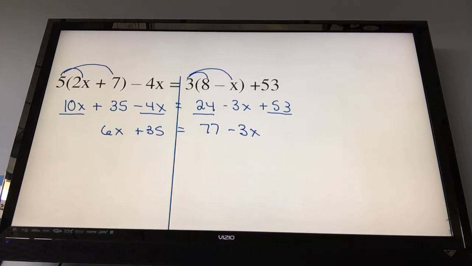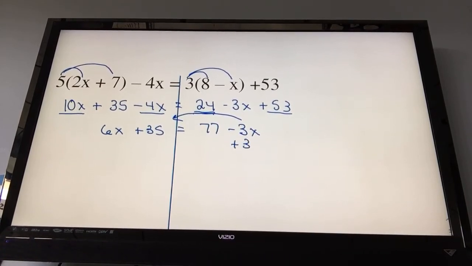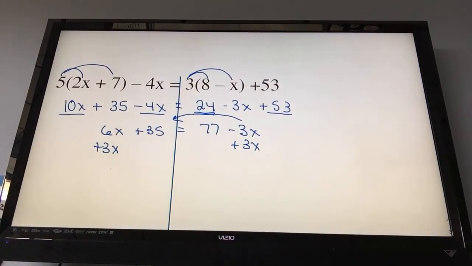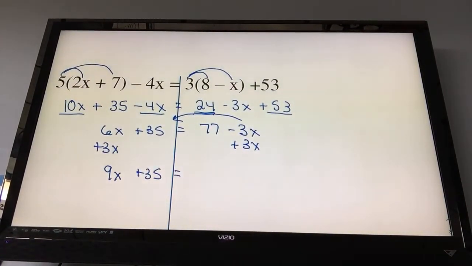I want to move x to the left, so I'm going to do what? Add. 6 plus 3, 9x, plus 35 comes down, equals comes down, 77 comes down.